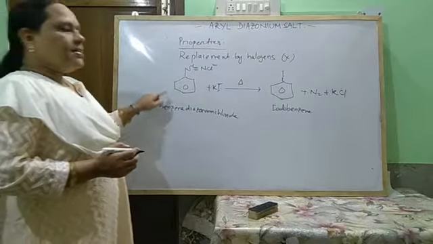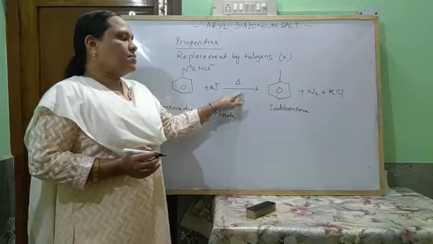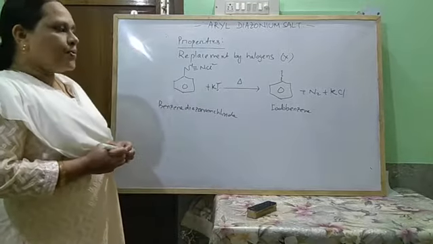So when benzene diazonium chloride is heated with potassium iodide, it forms iodobenzene.